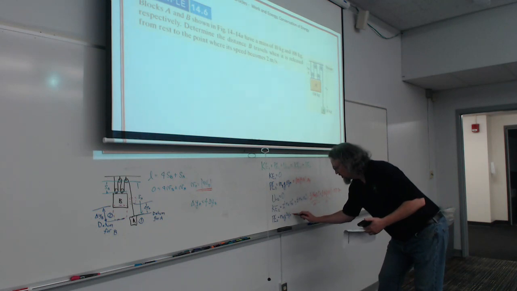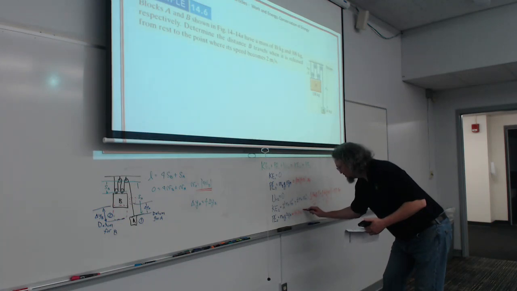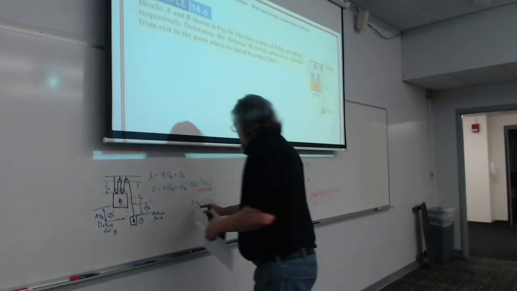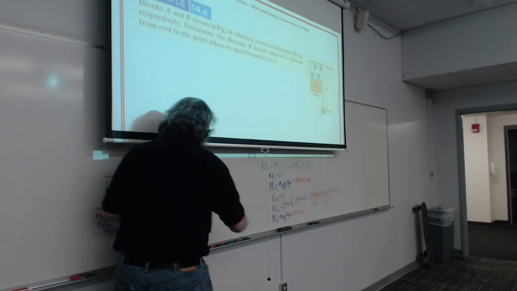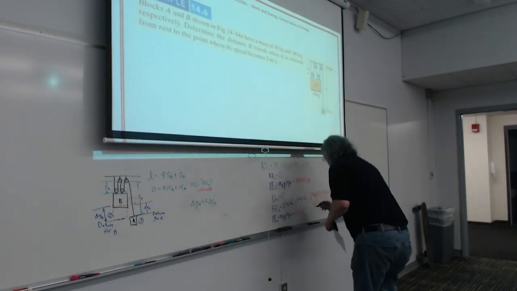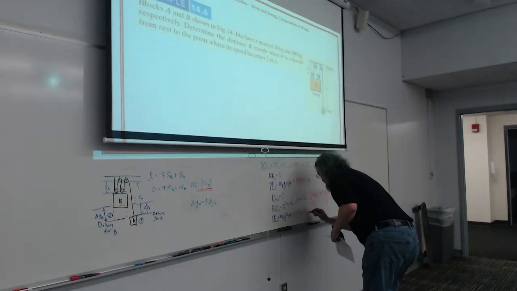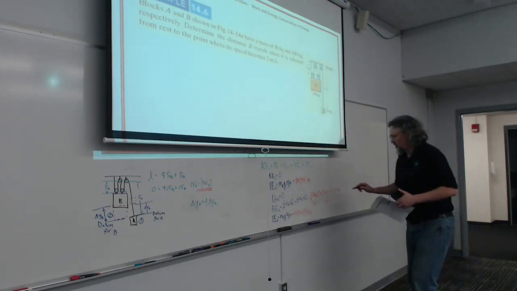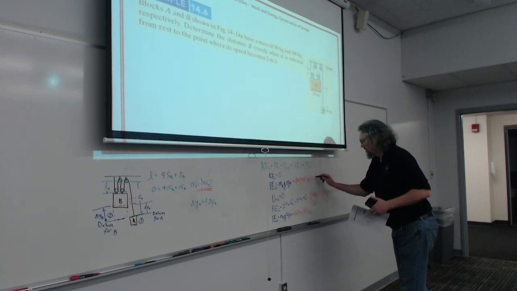And then down here, that's going to be 10 times 9.81. But now we want delta Y. We want delta YB. So we can substitute in here. We're going to see 4 times delta YB. 981 delta YB.